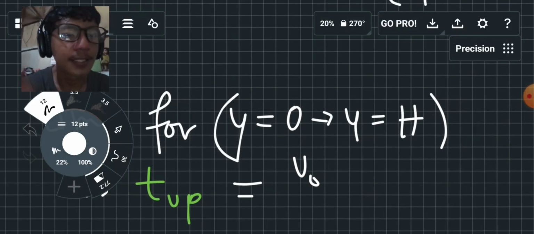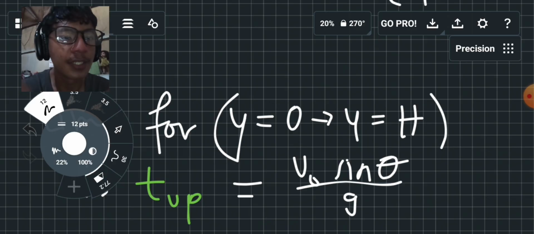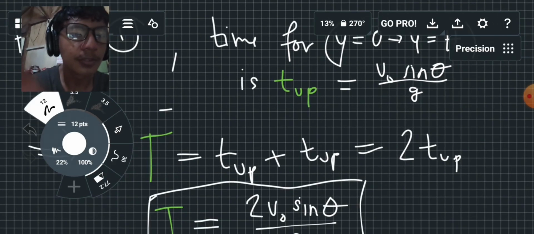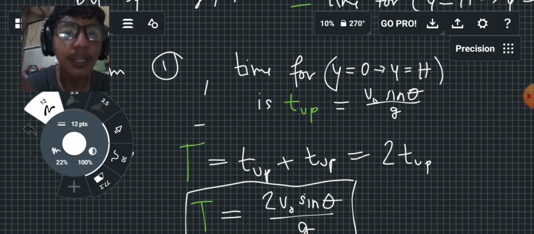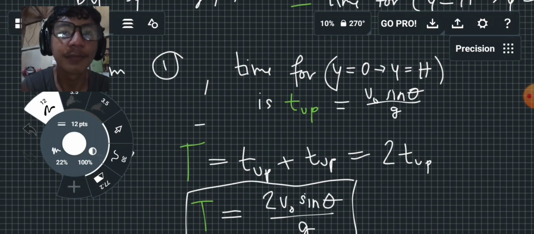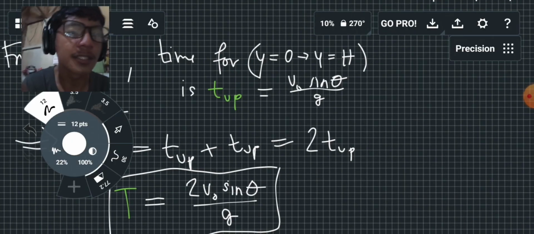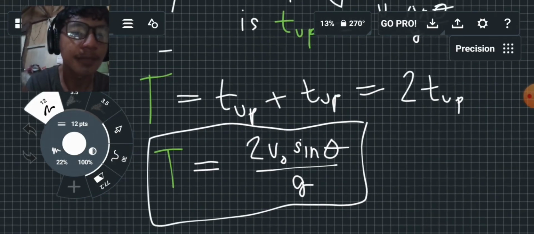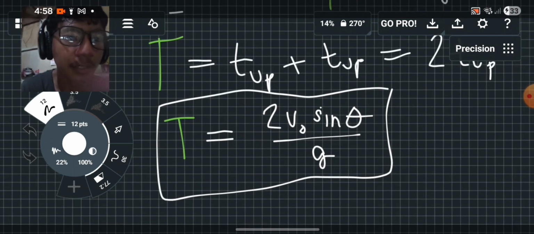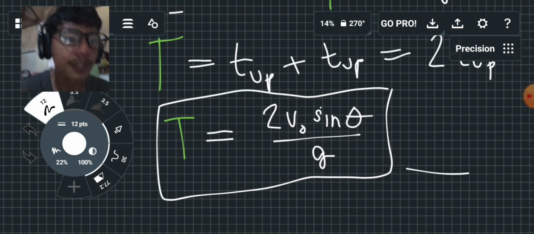V naught sine theta over g. So since we are looking at the total time, we just add them both. So that's 2 t sub up, and 2 times t sub up is just 2 v naught sine theta over g. So that's it.